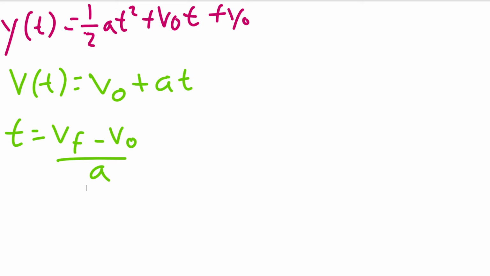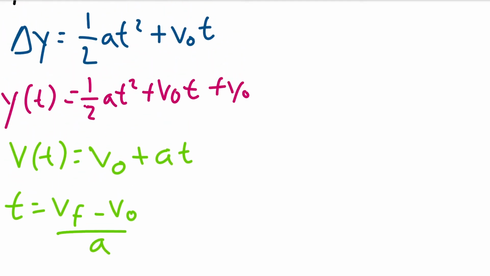our equation for position, our y of t equation, which now I'm using the version that I wrote in blue, the delta y equals 1/2 a t squared plus v naught t. And I'm going to substitute t into that.